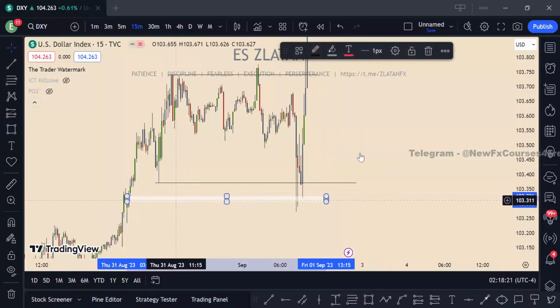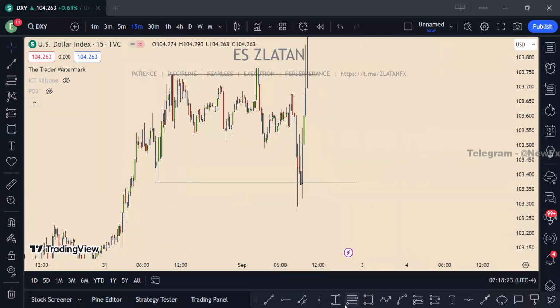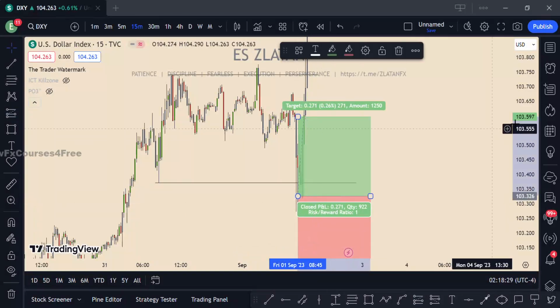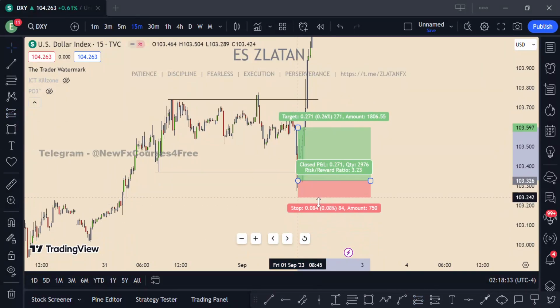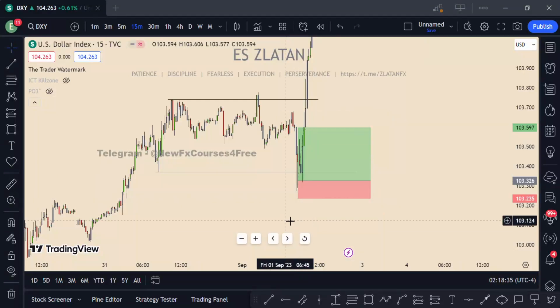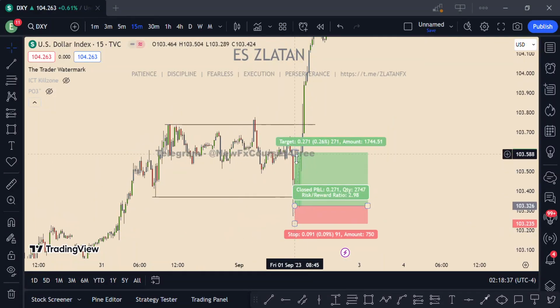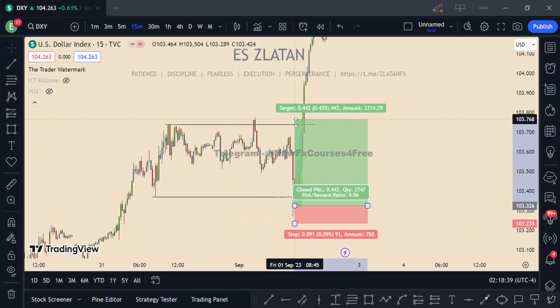So you could have entered there, and let me say you entered there, your stop loss can be right below this swing low right here, if you are using 15 minutes, and then you target the high, right?